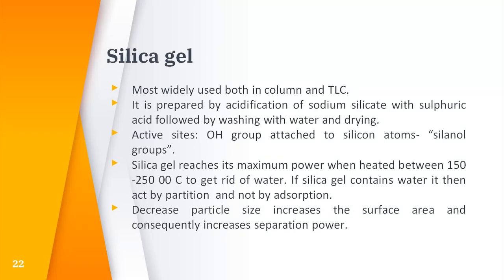Active sites of the silica are OH groups attached to the silicon atoms, known as silanol groups. When heated to 150 to 250 degrees Celsius, silica gel reaches its maximum power because at this temperature it gets rid of water. Hence its adsorption power increases tremendously.